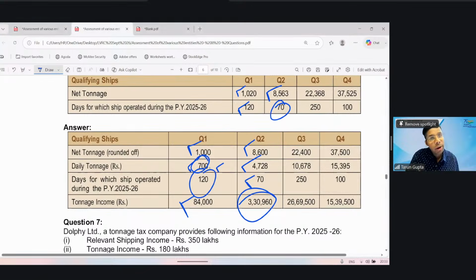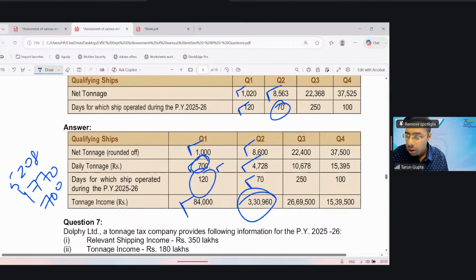For the first 1,000, 700. For the next 9,000 into 53, 4770. This is the daily tonnage income up to 10,000. Beyond that, 42. So 12,400 into 42 divided by 100, 5208. So this comes to 10678 into the number of days the ship operated, 250. This comes to the tonnage income.